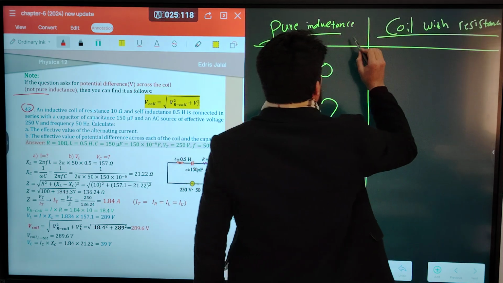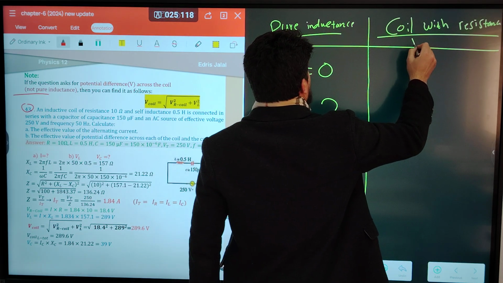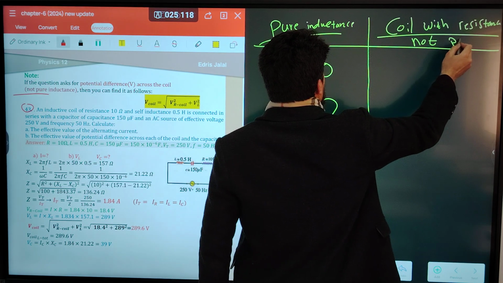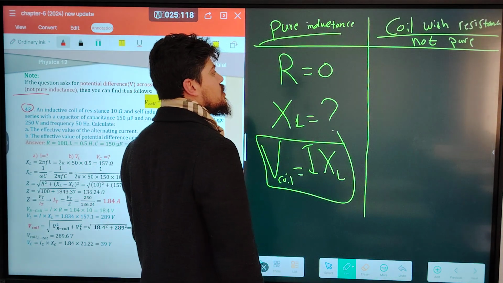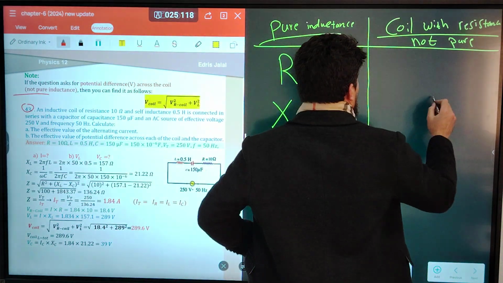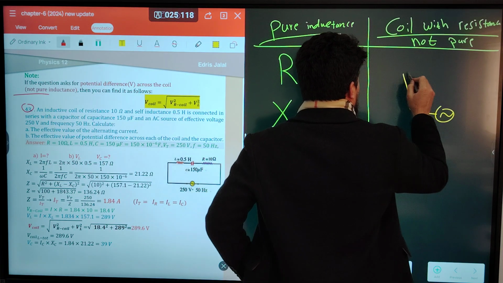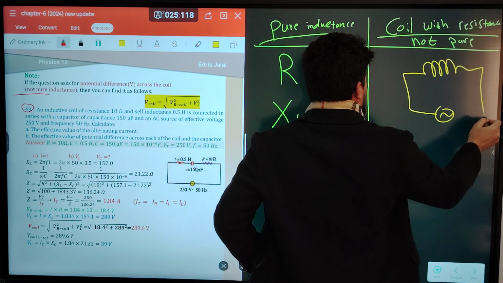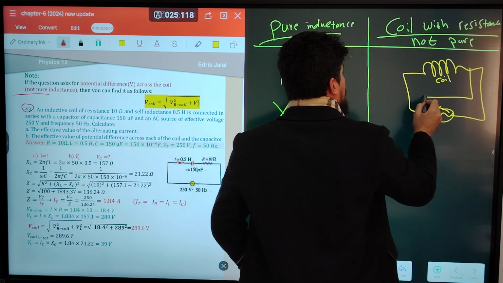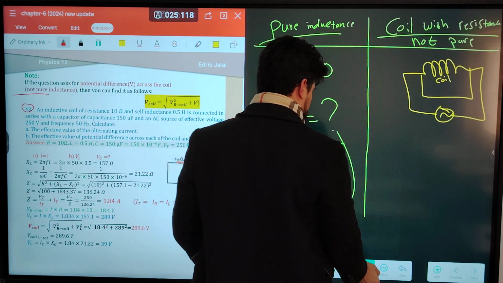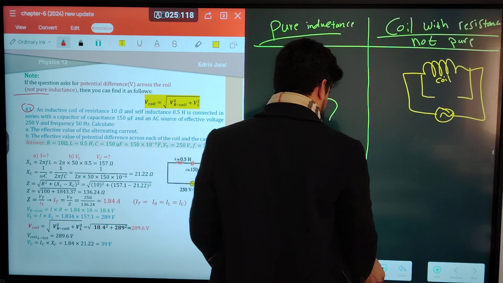Coil with resistance. What do you mean by coil with resistance? It means that the coil is not pure. If the coil is not pure, it means that we have both, like, what is this? This is coil. If the coil is not pure, how can you determine potential difference across this coil?